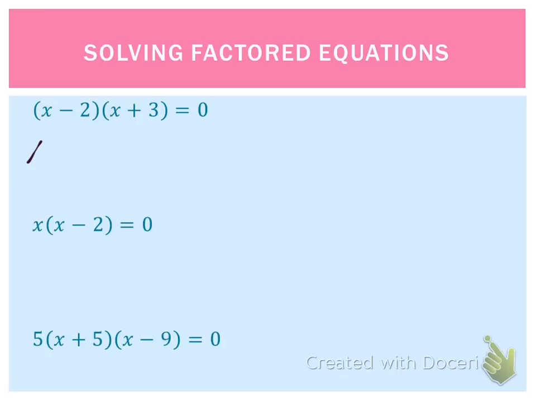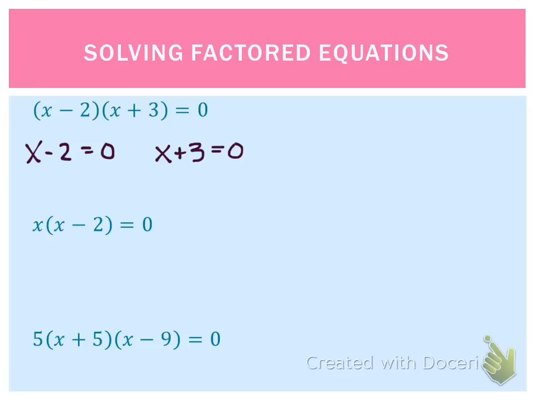I know that x minus 2 is equal to 0, and I also know that x plus 3 is equal to 0. So at the end, I'm going to find that I do have two different answers for x, but you always should have two different answers for x when we're doing these type of problems anyways.